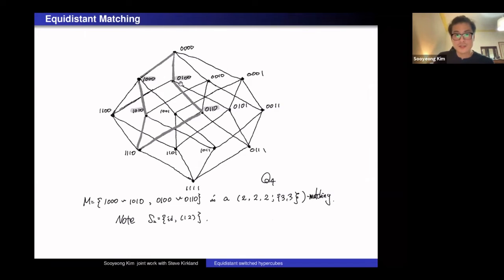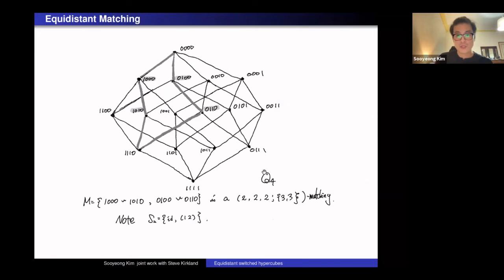Then this is an equidistant matching with this parameter, because there are two edges, and then the distance is as follows. So the symmetric group is just the identity permutation, and then this. So we only have one possible switching.